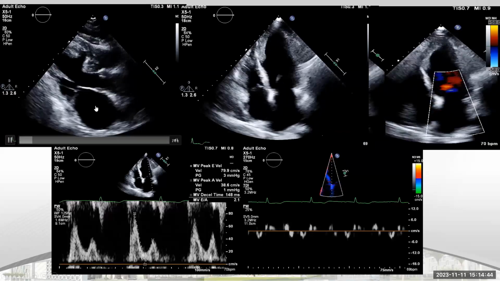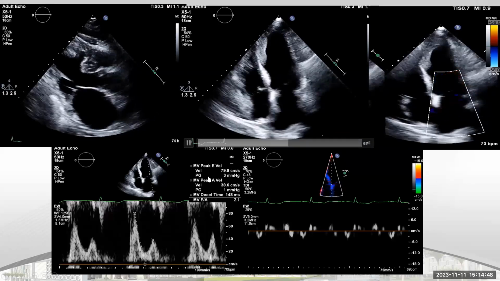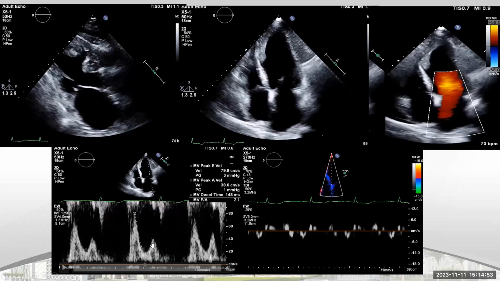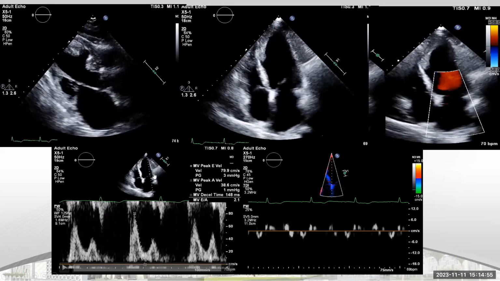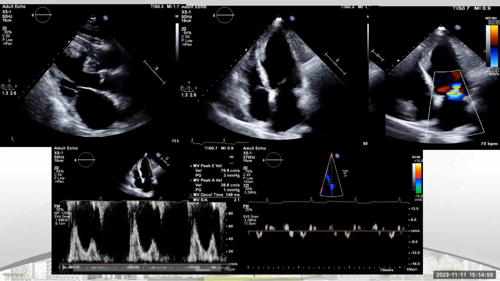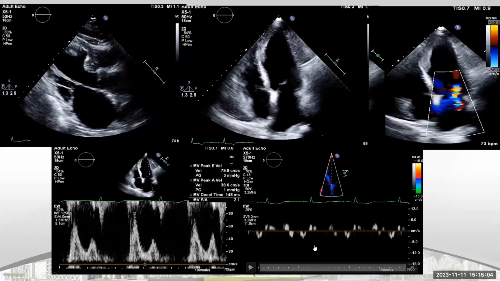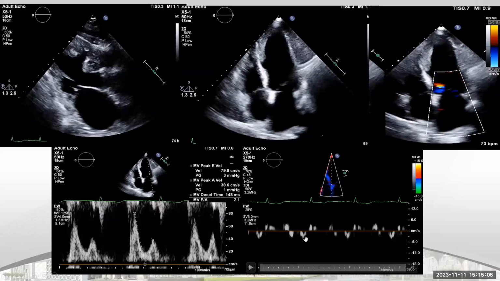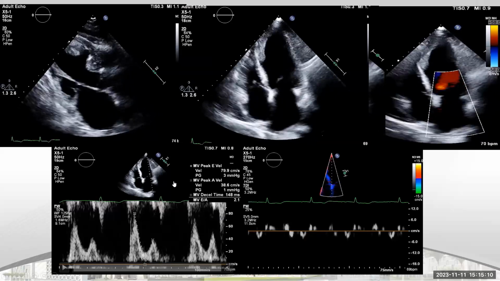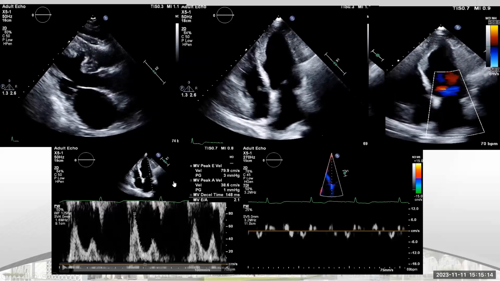Okay, dilated left atrium, mild mitral regurgitation, RV is normal. You can see the E over A ratio in diastolic mitral inflow is more than 2, and the velocity here is 80. The E prime is very low, less than 3 or 4.